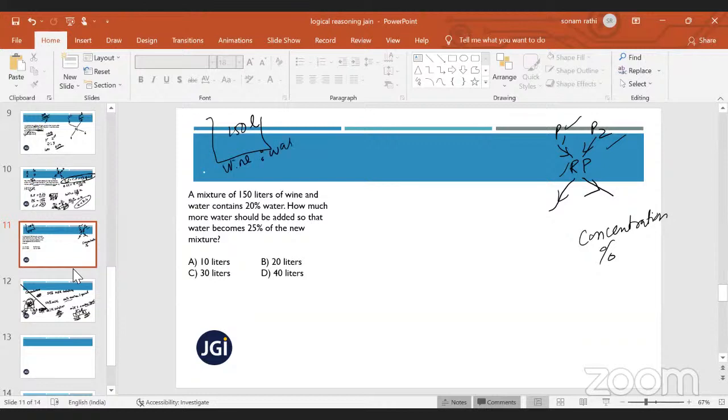I just told you: 20% is water, so the remaining 80% will be wine. Did you get it or not?